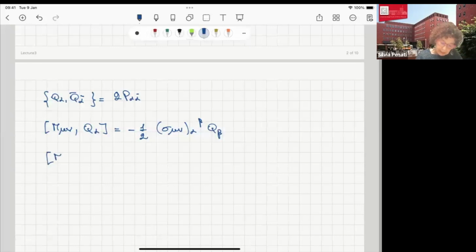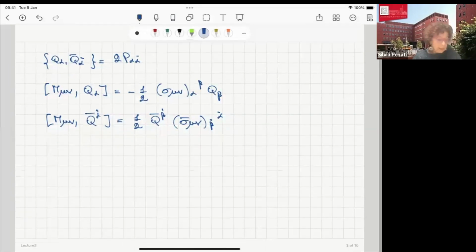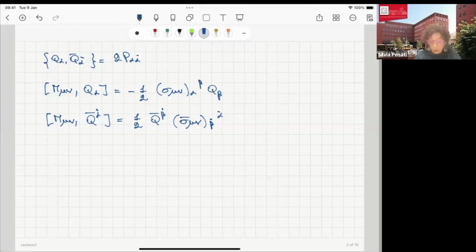And similarly, I will tell you in a moment what sigma mu nu is. Let me first of all write down all the commutation relations. This is 1/2 Q bar beta dot sigma bar mu nu beta dot. I should put alpha dot up here.